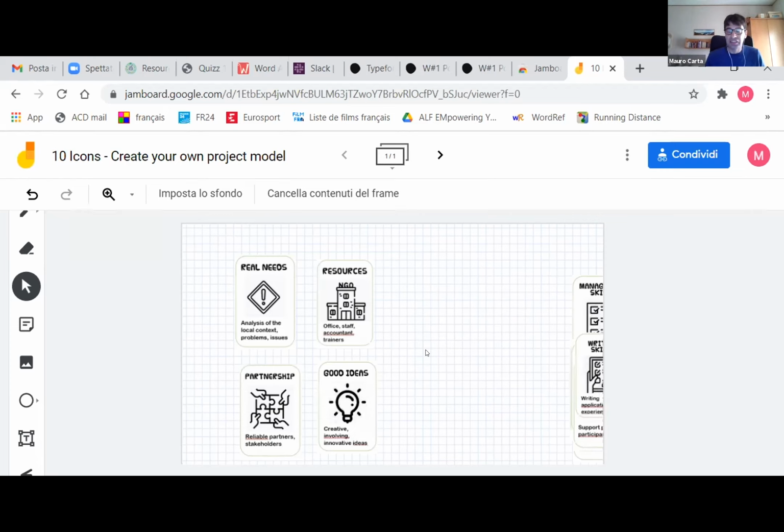Without the financial support of European institutions, like Erasmus Plus or the European Youth Foundation, we cannot implement ambitious or multi-activity projects. Nevertheless, when you start developing an idea, you shouldn't be so much focused on the money. This is something that you will identify later, okay?